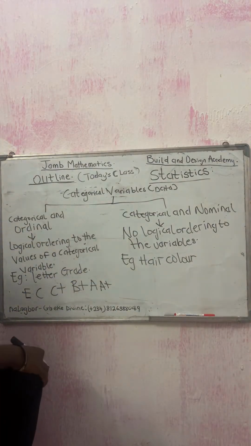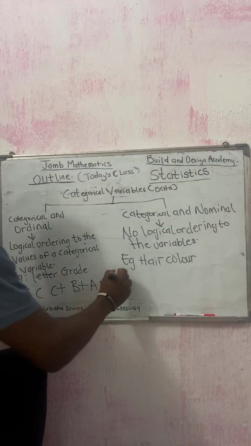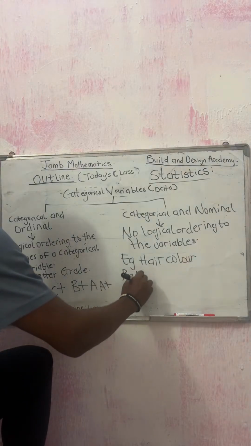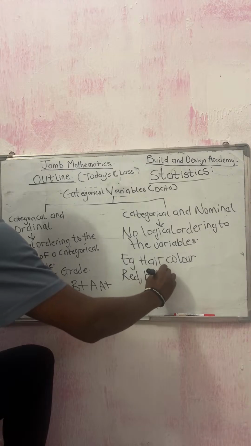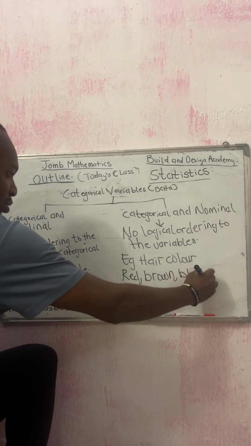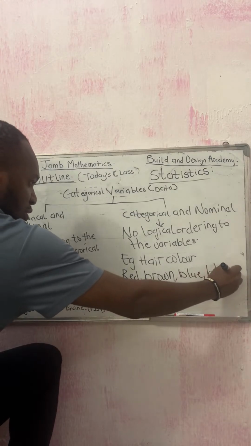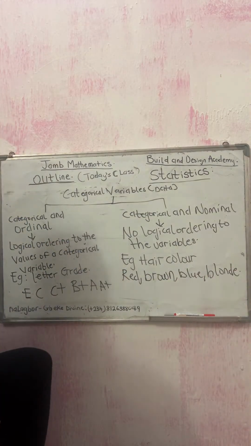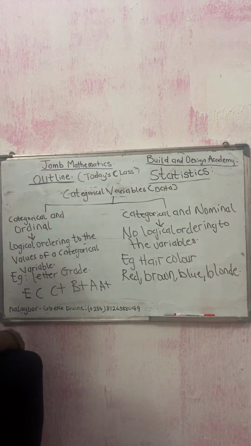Example, we have hair color. For hair color, it can be red, it can be blonde, it can be brown, it can be blue. So it can be any color.